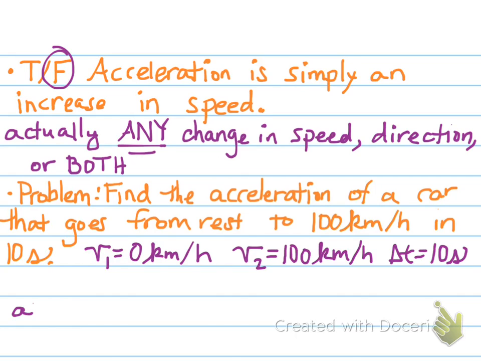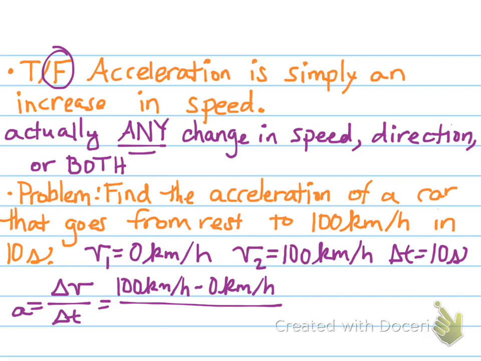So my equation is change in velocity over change in time. My change in velocity is 100 kilometers per hour minus 0 kilometers per hour divided by the 10 seconds, which is 100 kilometers per hour divided by 10. 100 divided by 10 is 10.